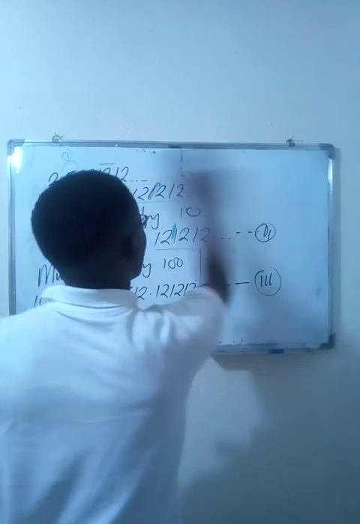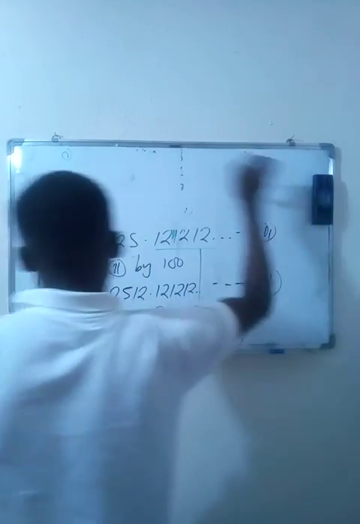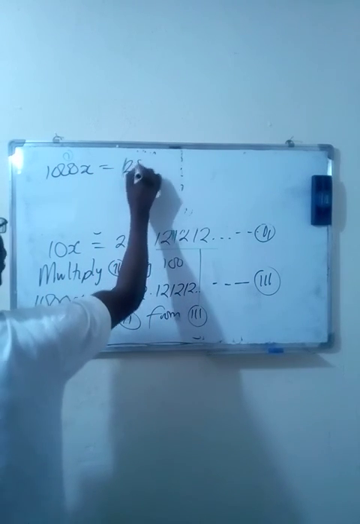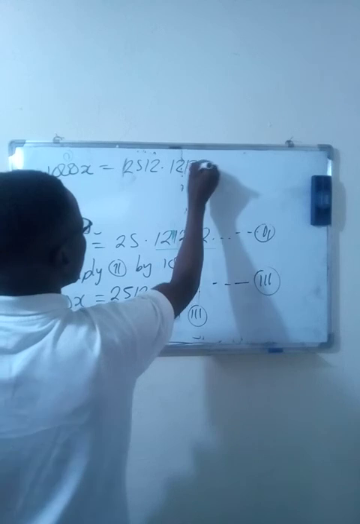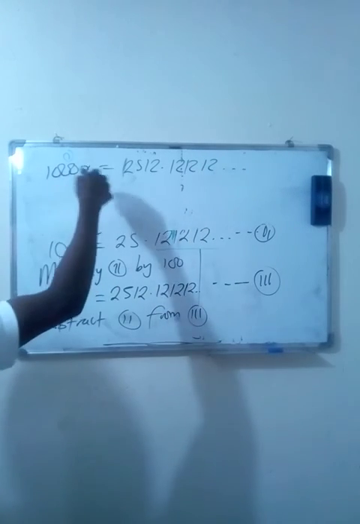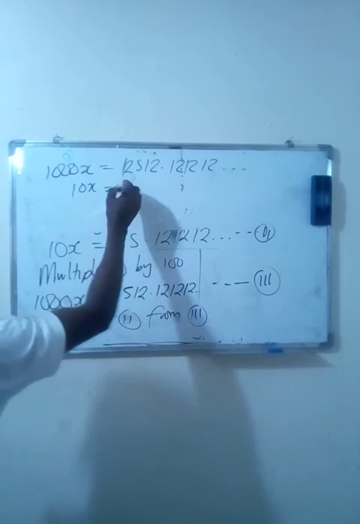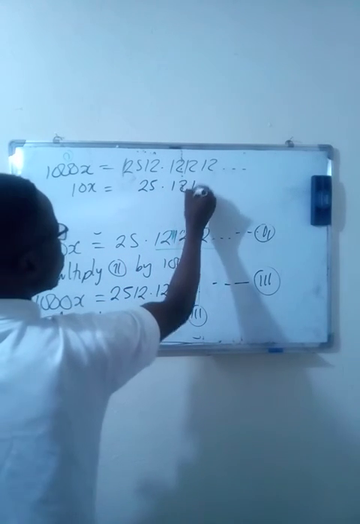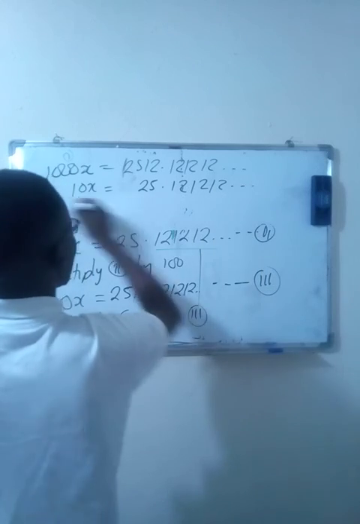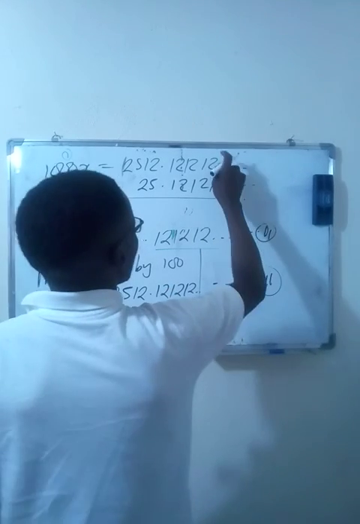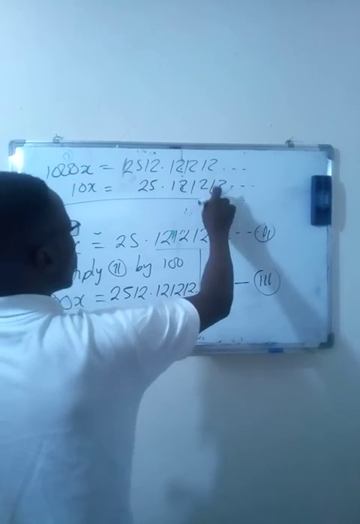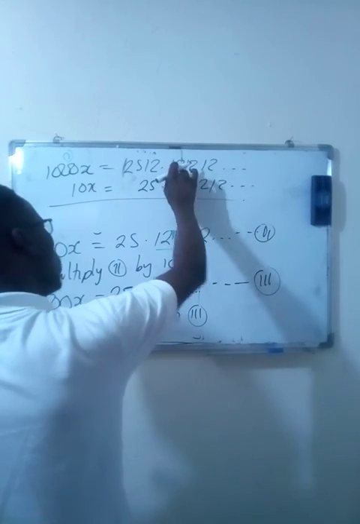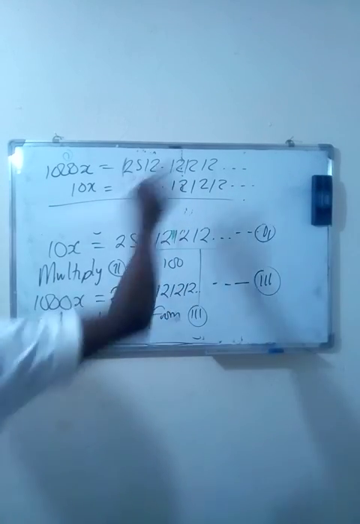We're going to have 1000x equal to 2512.121212, and 10x equal to 25.121212. If we subtract, 2 minus 2 is 0, 1 minus 1 is 0, 2 minus 2 is 0, 1 minus 1 is 0, and so on. So on the right hand side decimals, you're going to have all zeros.